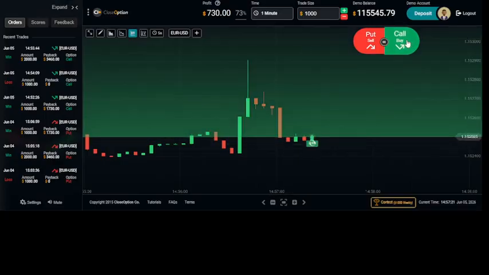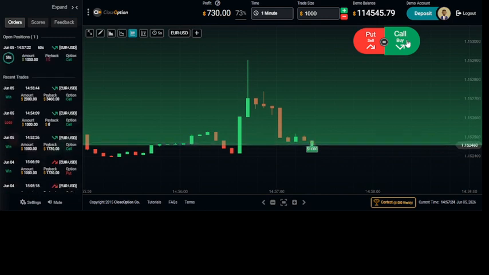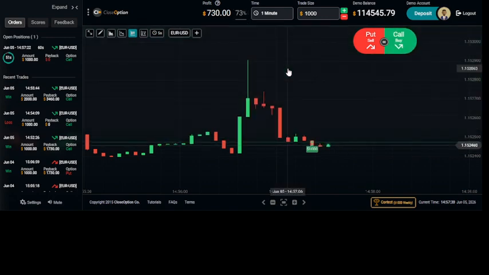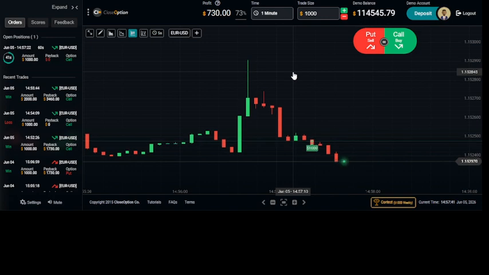So let's go ahead and take another buy trade here. Now, if this trade loses, similar to the previous trade, we're going to double up and try to recover the loss if it winds up out of the money.